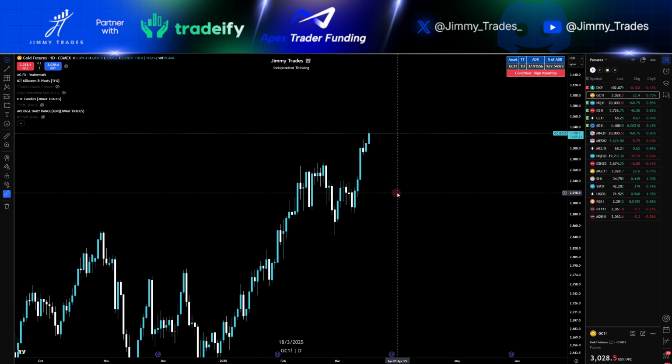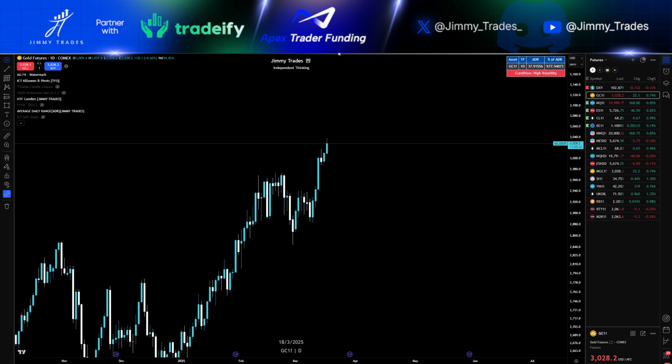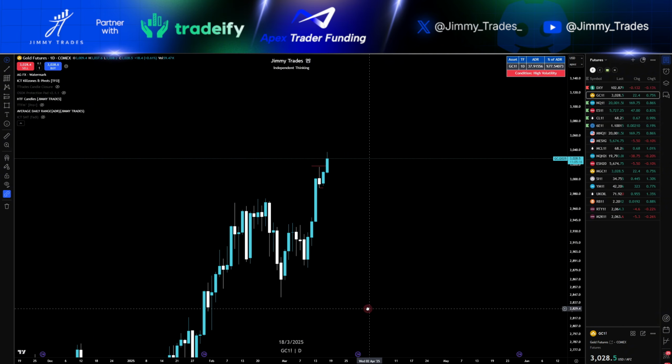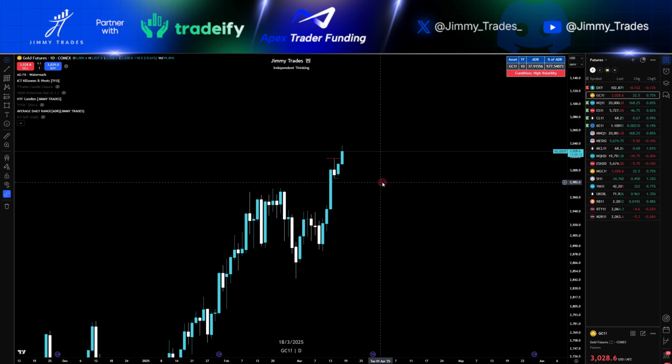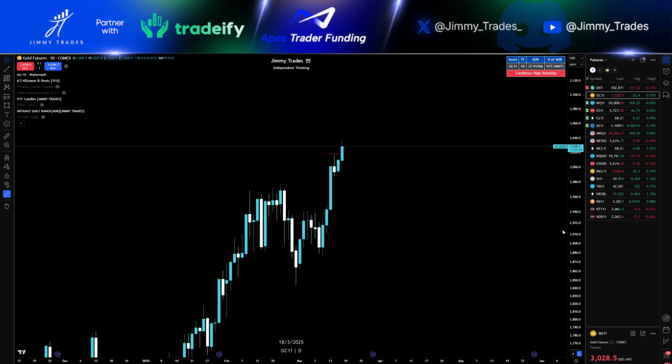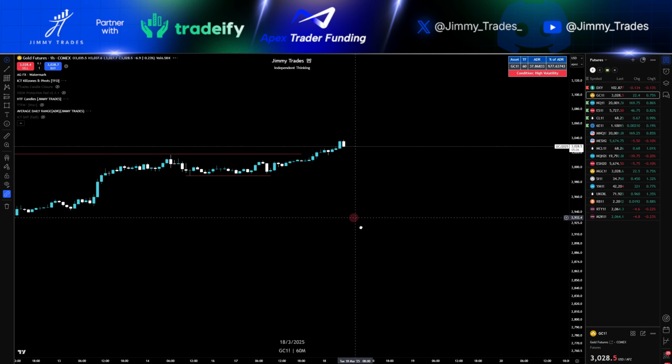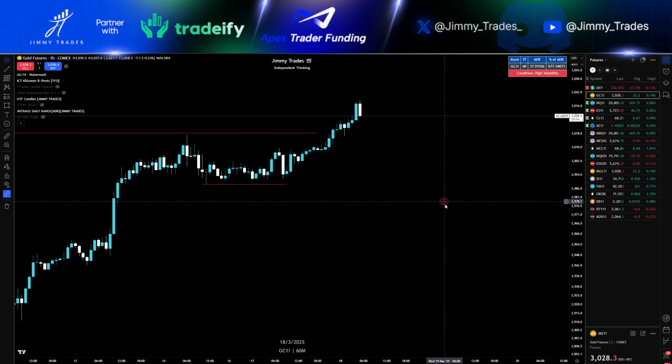Continuing its move higher here for gold. All-time highs. I'm not really interested in looking to short gold at the moment unless we get a clear indication, say on the hourly chart. But at the moment, we're just continuing to move higher.